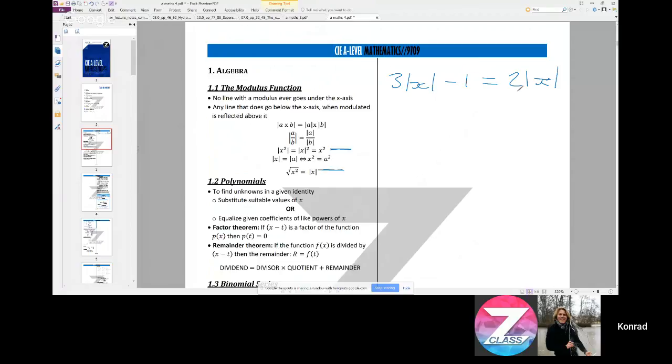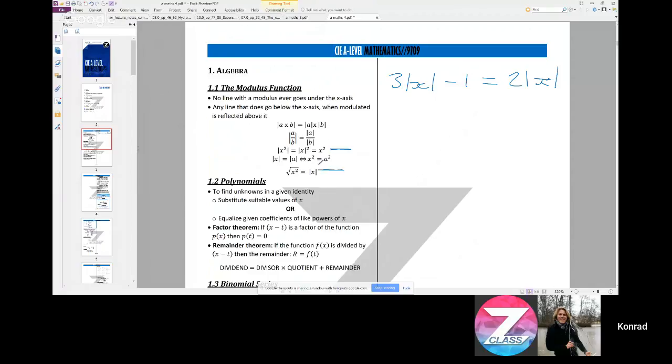I mean, this equation is actually trivial to solve, but this line works off the idea that one of the easiest ways to solve modulus equations is just to square them. Because as soon as you square a modulus number, squaring a plus or a minus number gives you the same answer, and so it essentially makes no difference at that point.